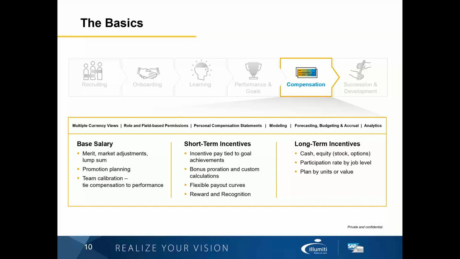So your managers won't ever be able to give an award to someone who isn't eligible to receive it. It takes a lot of the manual checks and balances out of the way and does a lot of that for you.